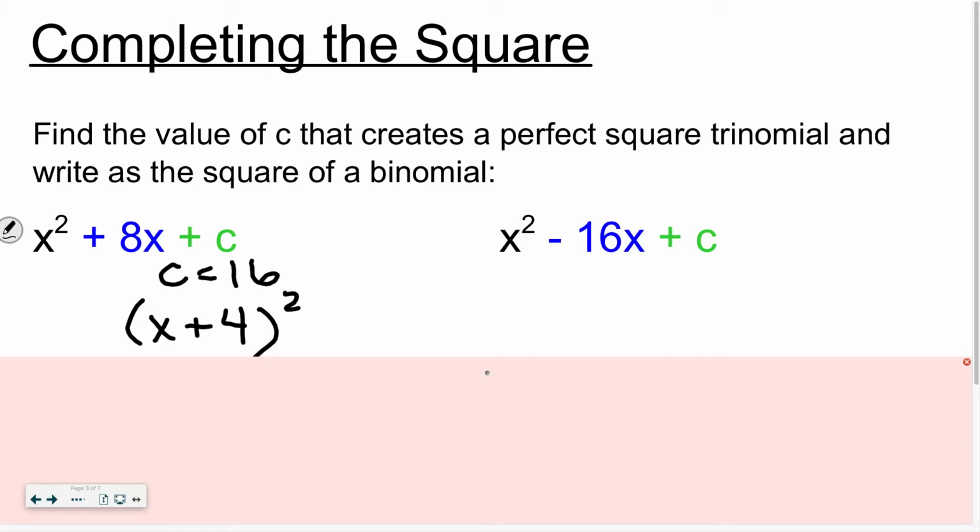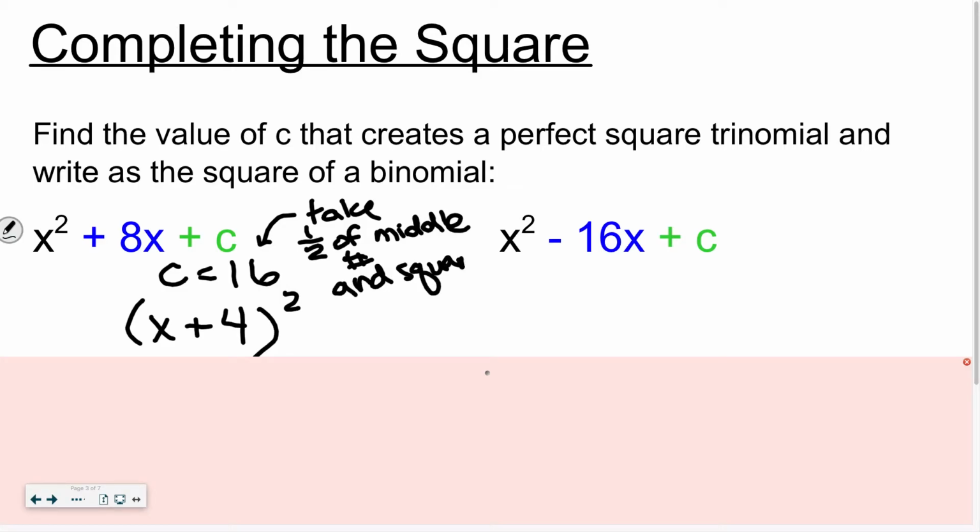Okay, excellent. So one method to find the number that completes the square is we're going to say take half of the middle number and square it. So what Abby described. She took half of 8, which was 4, because that will be the number that goes in the parentheses, right? And then that also has to be the square root of the last number, so just square it, and that's whatever the constant is.